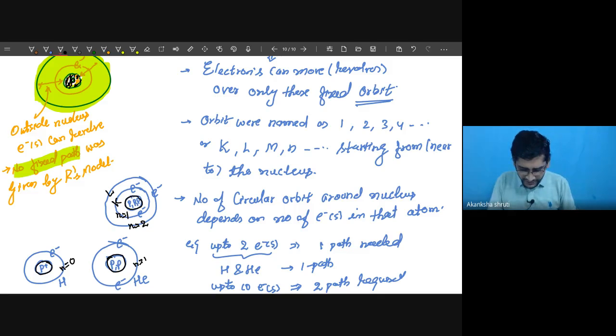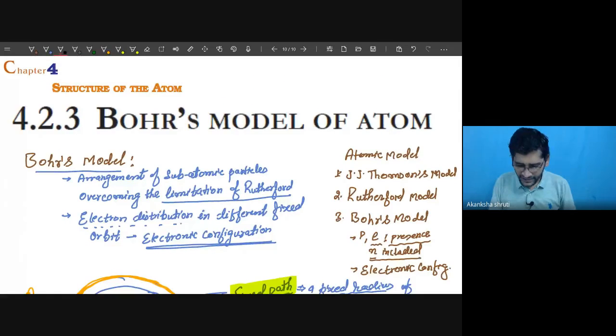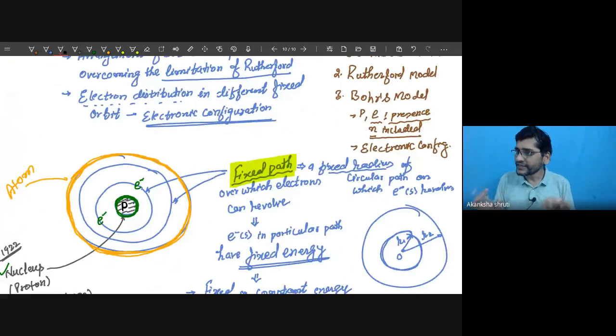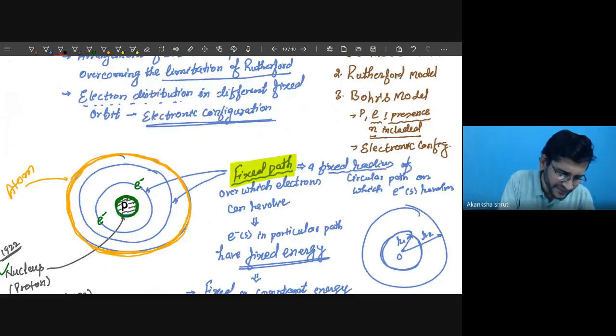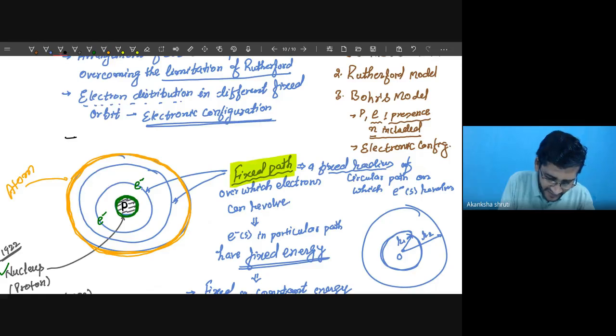Okay, students. So this was all about Bohr's model. What did Bohr give? Bohr gave the concept of fixed energy level. The concept of fixed energy level was suggested by Bohr.